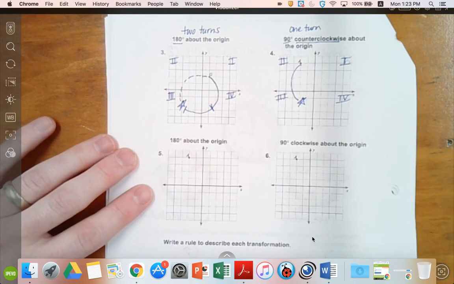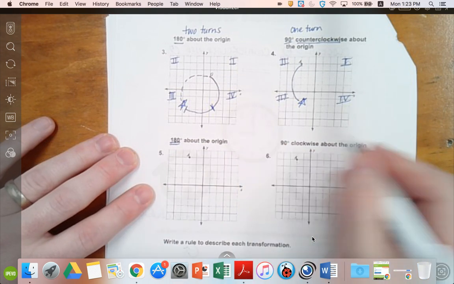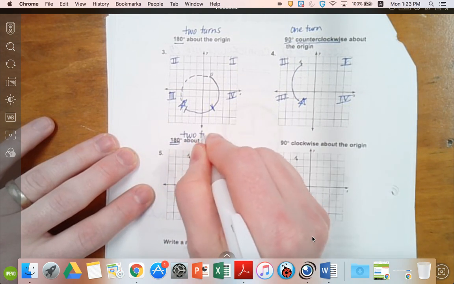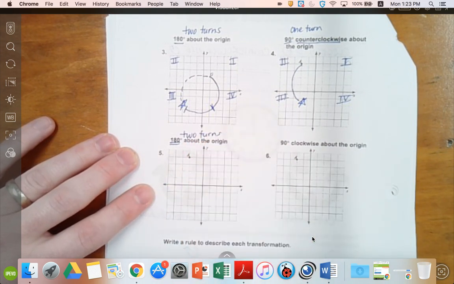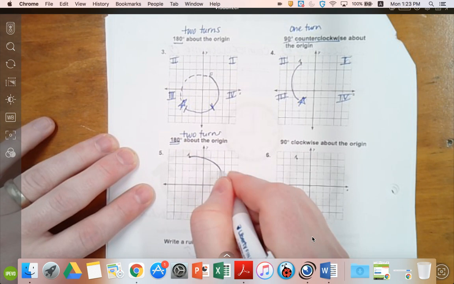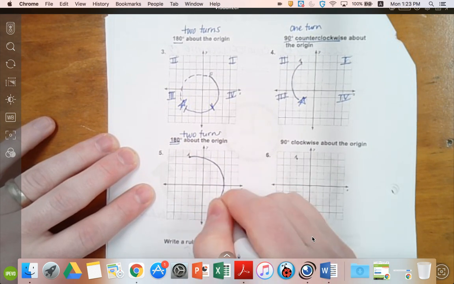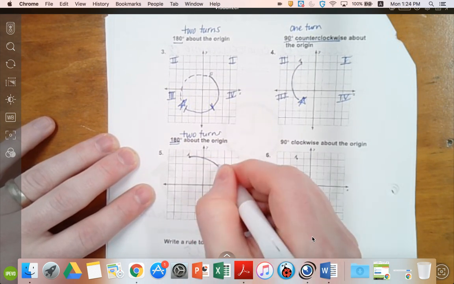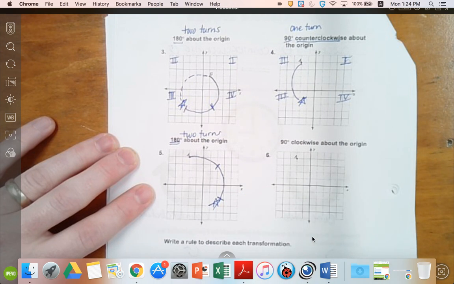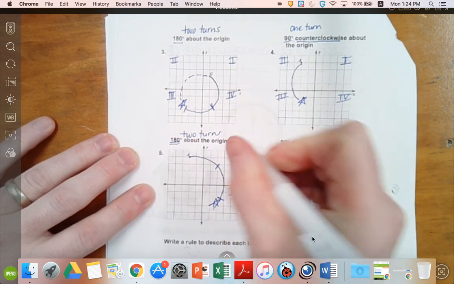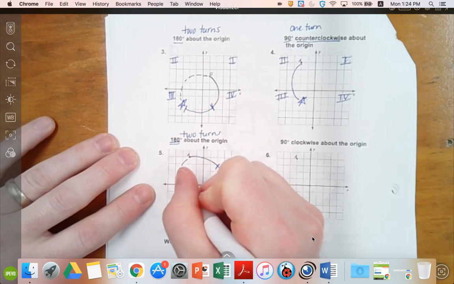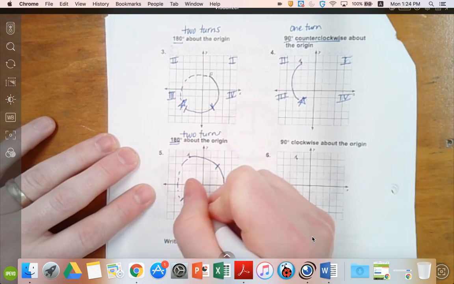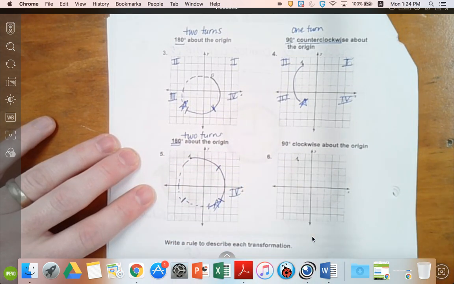Number 5, 180 degrees. That's 2 turns, and it doesn't matter which direction. I can go 1 turn, 2 turns, and that's quadrant 4. Or I can go the other way, 1 turn, 2 turns, and end up in the same spot, quadrant 4.